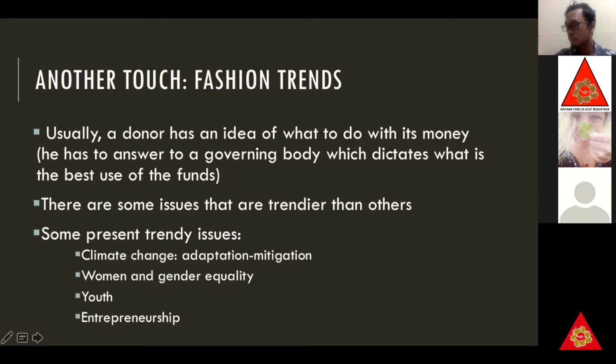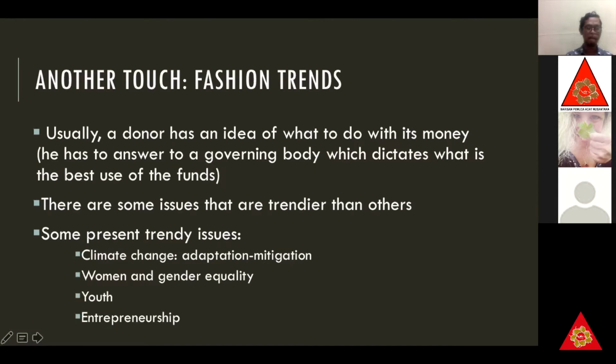So this is a trendy issue also, and sometimes you must take it into consideration, or most of the time. And also youth is most of the time linked to innovation. So we suppose the idea behind this is that youth can innovate, and this is natural because youth will be more prone to innovation than older people.